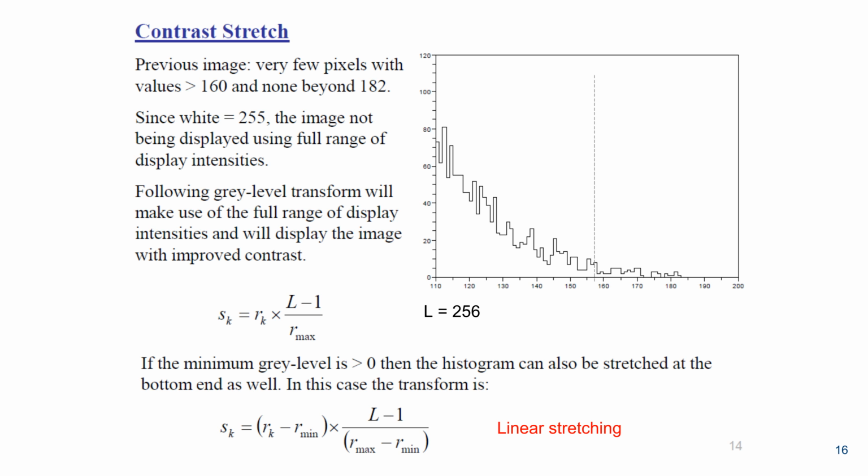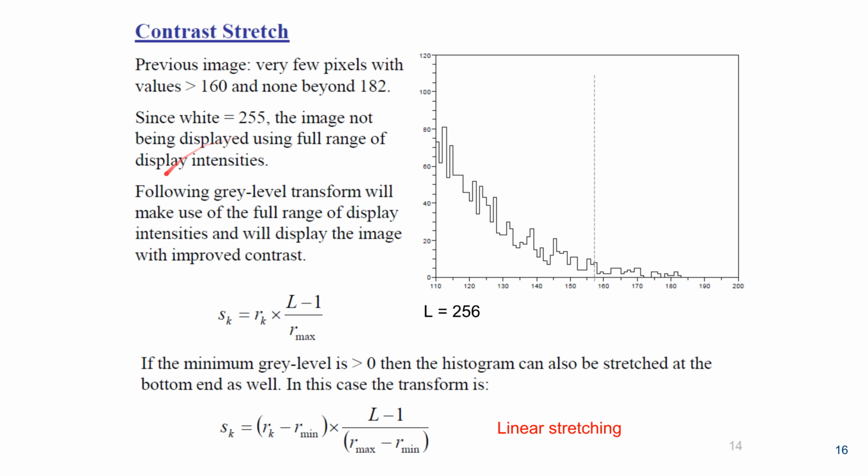Okay, so we've seen that the problem with this low contrast image and its associated histogram is that we're not making use of the full 255, the full dynamic range. For an 8-bit image that means the full range of 256 pixel values that are available to us.